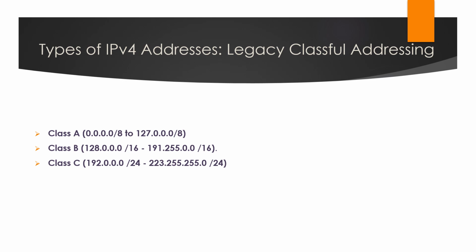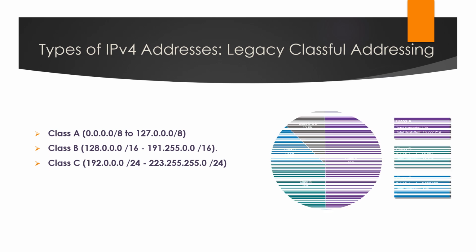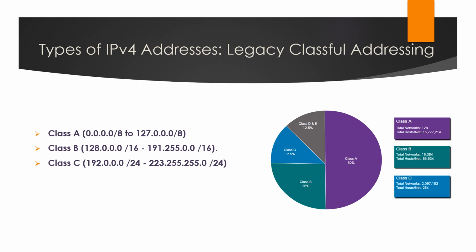At the time, with a limited number of computers using the internet, classful addressing was an effective means to allocate addresses. And as it is shown here in this figure, class A and B networks had a very large number of host addresses, and class C has very few. Class A networks accounted for 50% of the IPv4 networks.